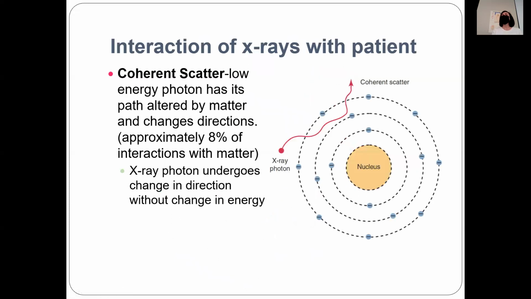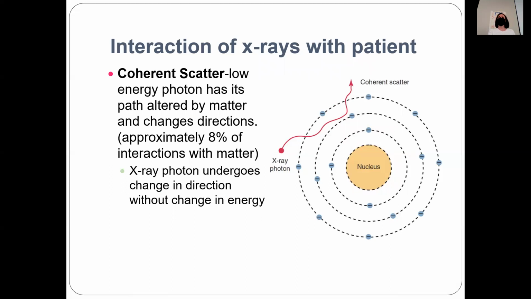The next one is Coherent, and its low energy photon has its path altered by matter and it changes direction. But you can see that it hasn't really interacted with anything. So Coherent kind of sneaks through without any interaction.